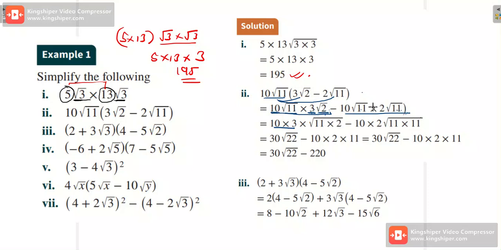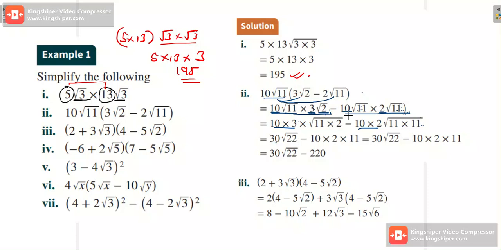So just factorize it out. Since it is multiplying, we just have to multiply root of 11 by root of 11, and that will give us root of 11 times 11. Then we take the 10 and the 2, we also multiply. So we are going to have 10 times 3, which is 30.